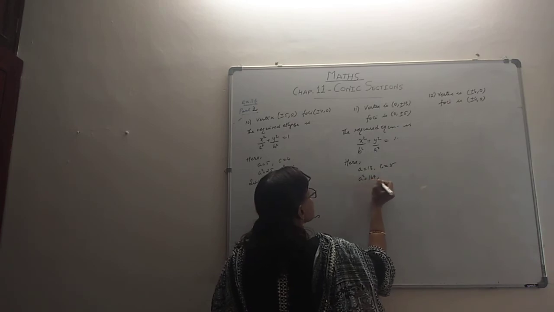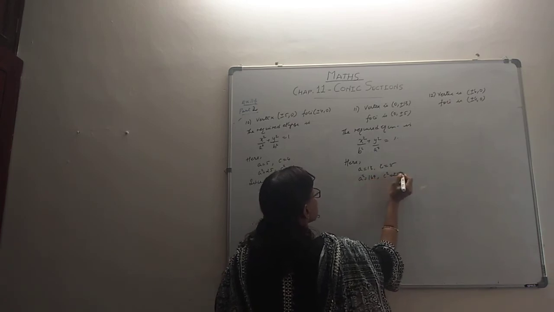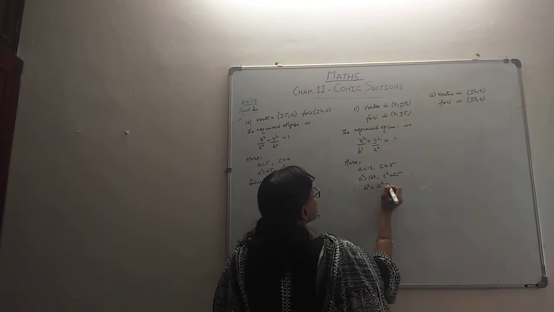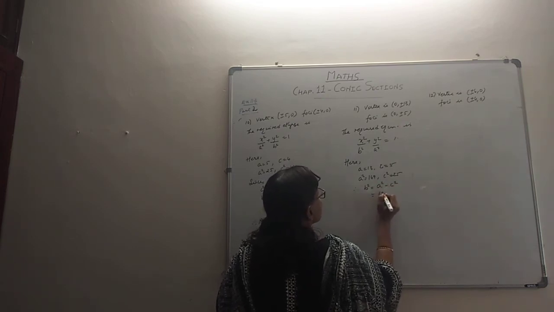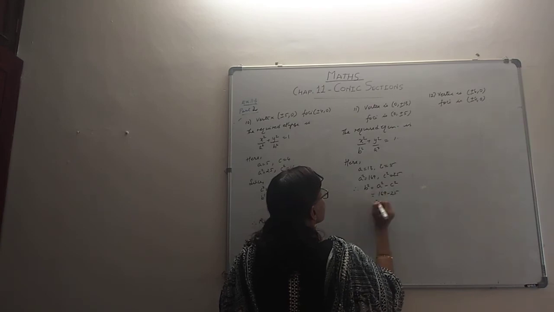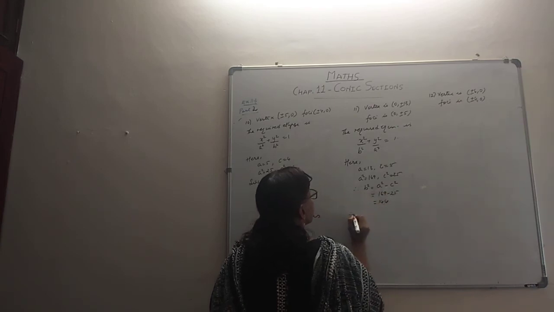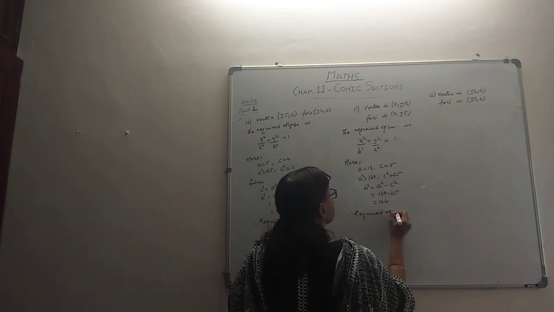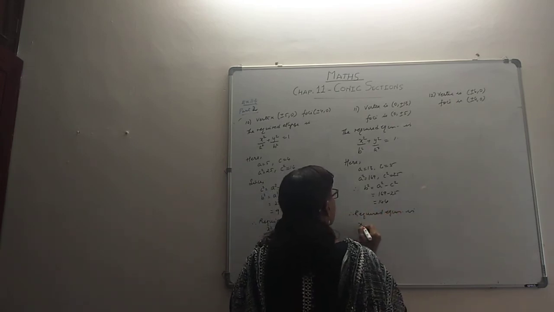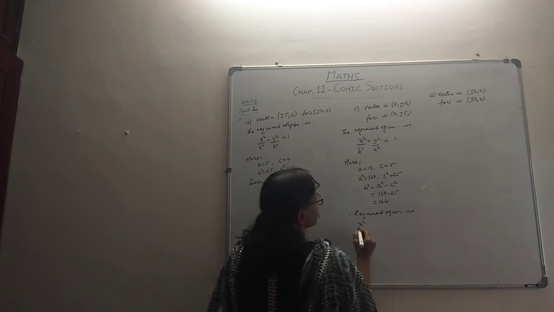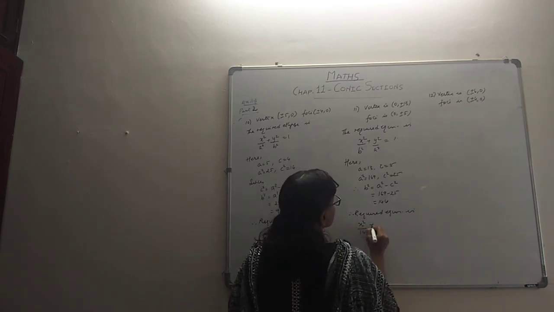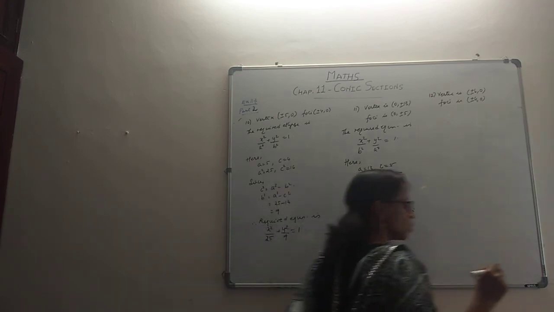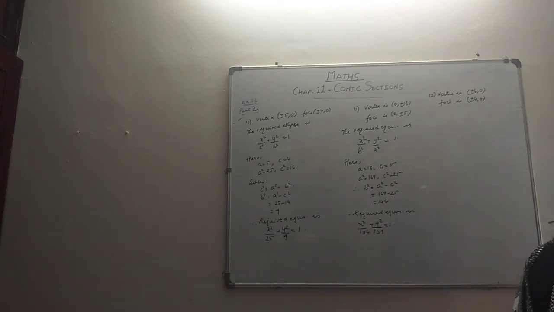So a squared is 169, c squared is 25. In order to get the equation, you need to know b squared. So it's a squared minus c squared, 169 minus 25, which is 144. Therefore, the required equation is x squared by 144 plus y squared by 169 equal to 1. That is our problem number 11.